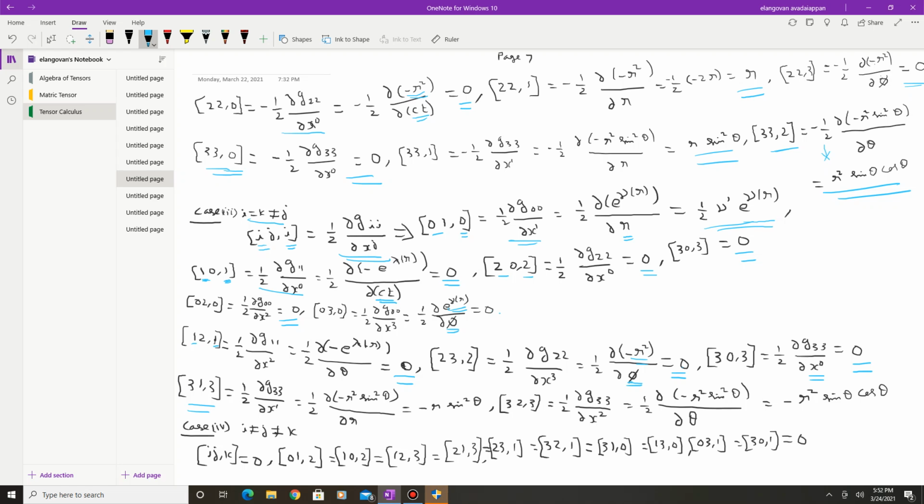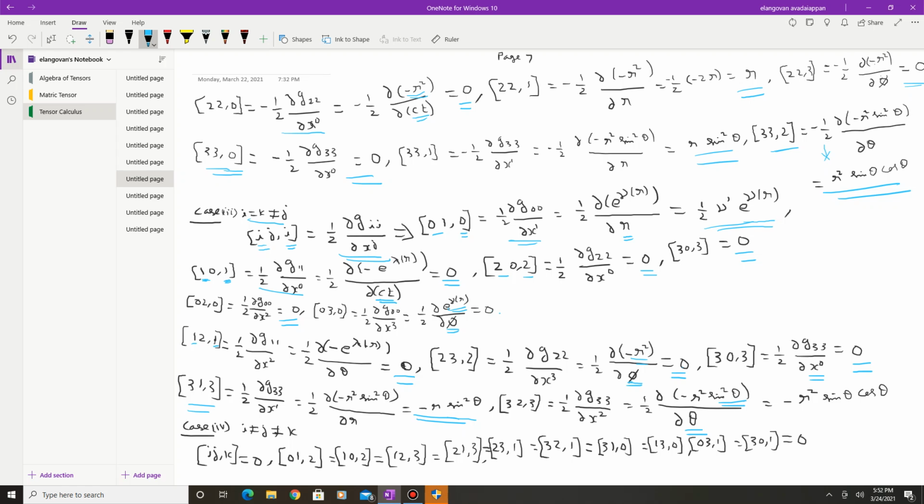So you have to differentiate with respect to r alone, partially. So sine square theta can be taken as a constant. So if you do the partial differentiation, we will get this. 3 2 3, again half into partial d g33 by dx2. x2 is a theta coordinate. Here g33 is a function of sine square theta.